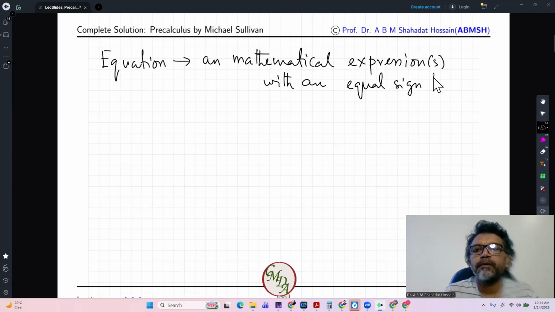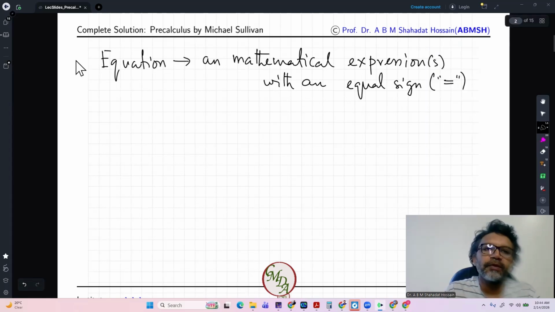The equal sign must be there. This is the definition of an equation.